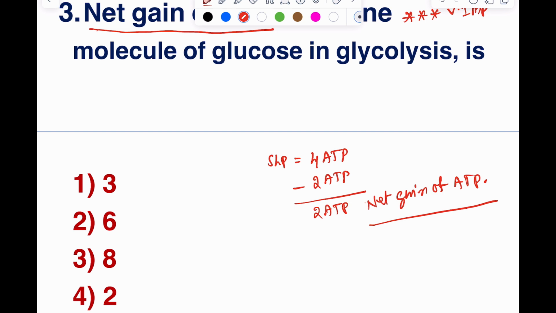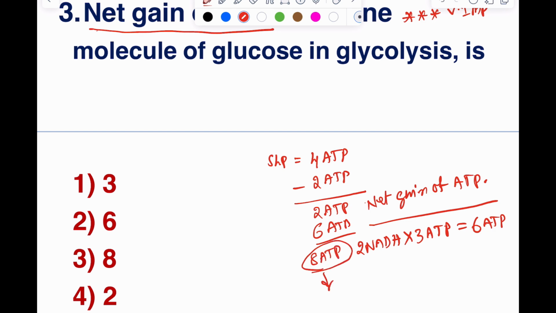Along with oxidative phosphorylation, 2 NADH will produce 3 ATPs each, total 6 ATP molecules. 6 plus 2, total 8 ATP molecules.